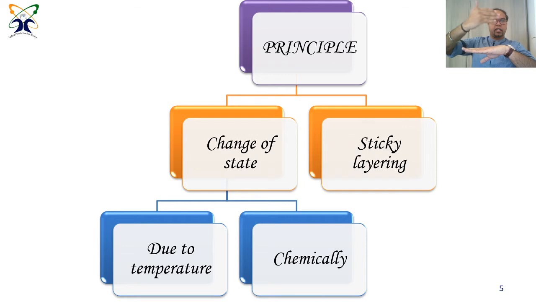It keeps on adding, it stays there. So if any material has such a sticky layering property, if it can stick with the layer below by any mechanism, we'll discuss the mechanism in a while, then we can print it.